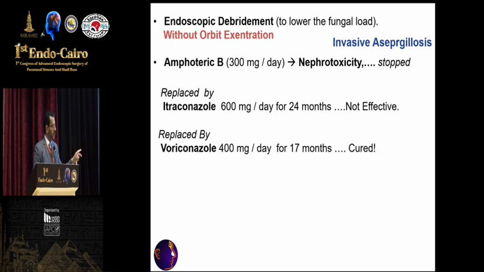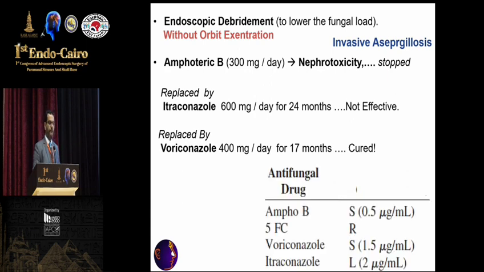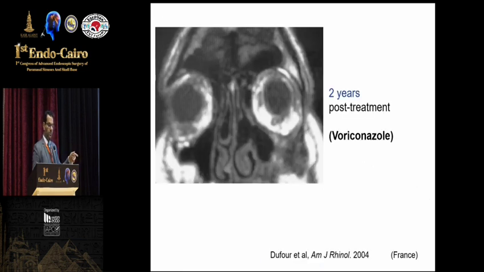And then voriconazole, Vifend, was tried for 1.5 years. Patient got cured. And when we see the antifungal sensitivity in this case, voriconazole was the sensitive one for this invasive aspergillosis. This is the 2 years post-treatment outcome.